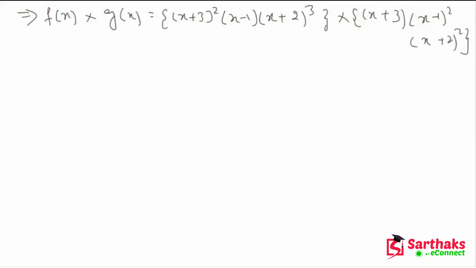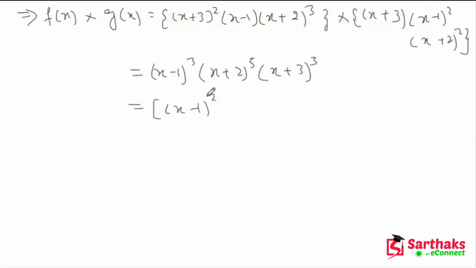Now the result is (x minus 1) whole cube, (x plus 2) raised to power 5, into (x plus 3) raised to power 3. So now what will we get? Yes, (x minus 1) whole square.